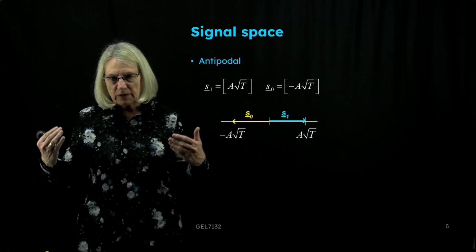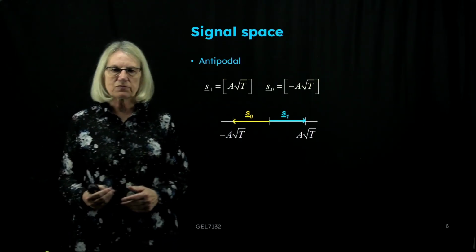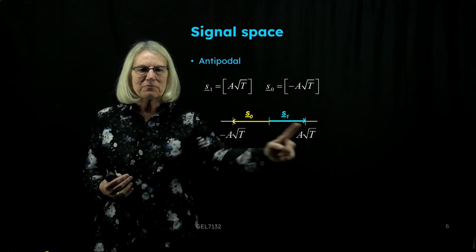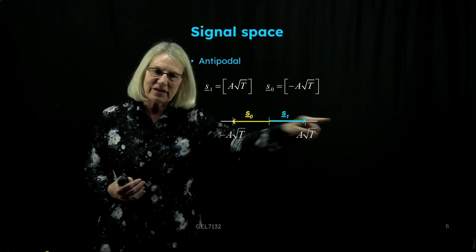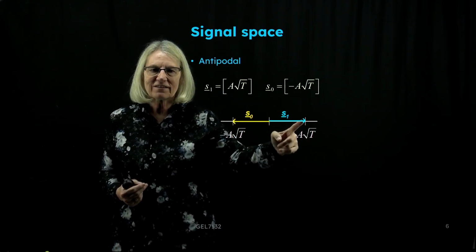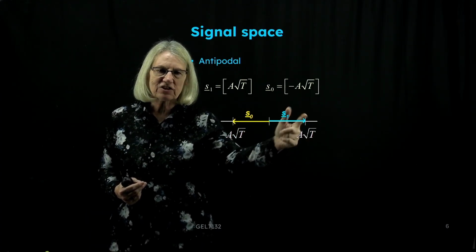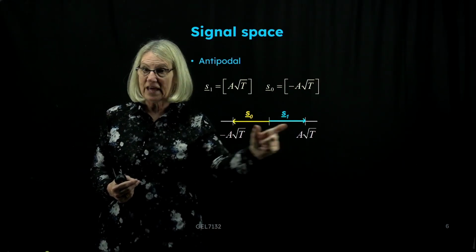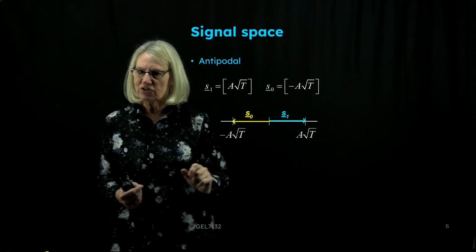If we plot this in signal space, the first attempt is to just represent it as a single line, a one-dimensional space. There is one signal vector which goes to the right, another signal vector which goes to the left. They have equal lengths because they have equal energies.